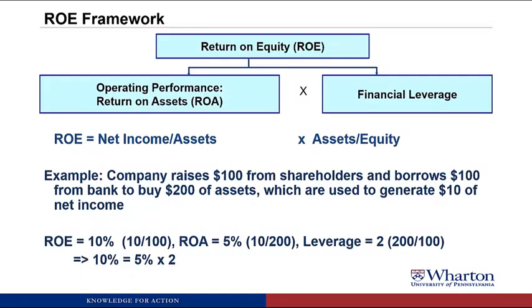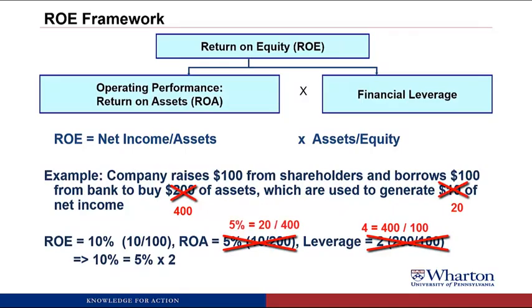And this highlights how these two components drive ROE. So let's say instead of buying $200 of assets with $100 of shareholders' equity, we bought $400 of assets. So we borrowed $300 from the bank, combine that with our $100 from shareholders to buy $400 of assets. Now our leverage is 4. If we can maintain the same ROA of 5%, our ROE would go up to 20%.